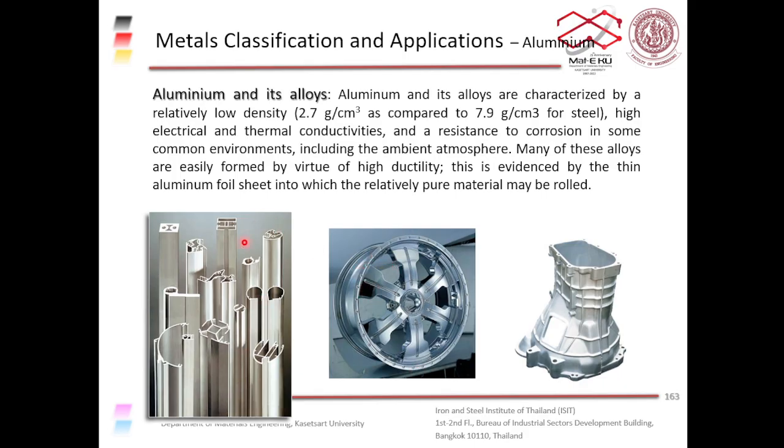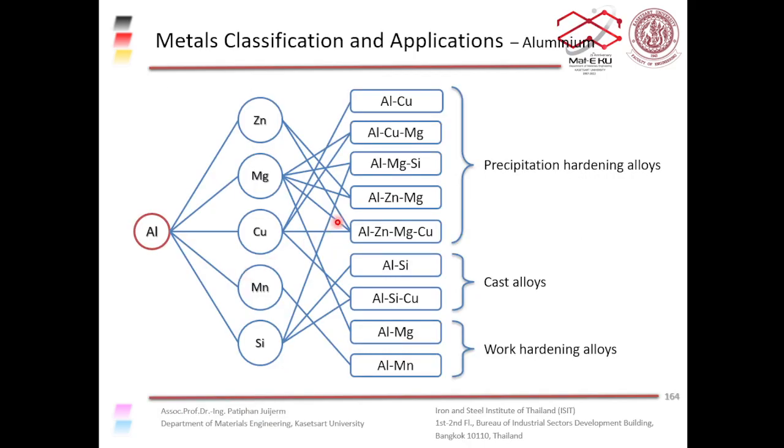You can form it into different cross sections by extrusion, to be used in, say, window frames. When you start off with aluminum, you can add alloying elements like zinc, magnesium, copper, manganese, and silicon.